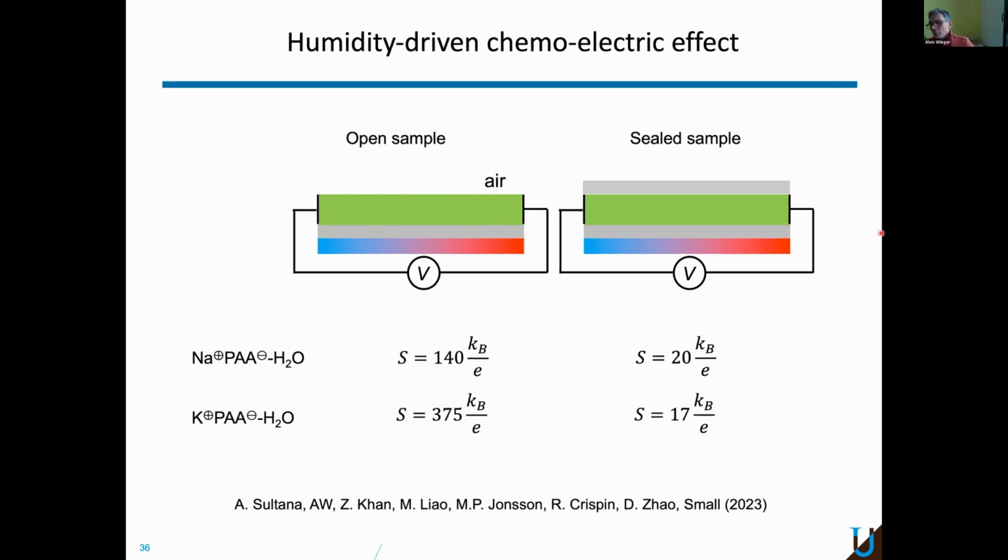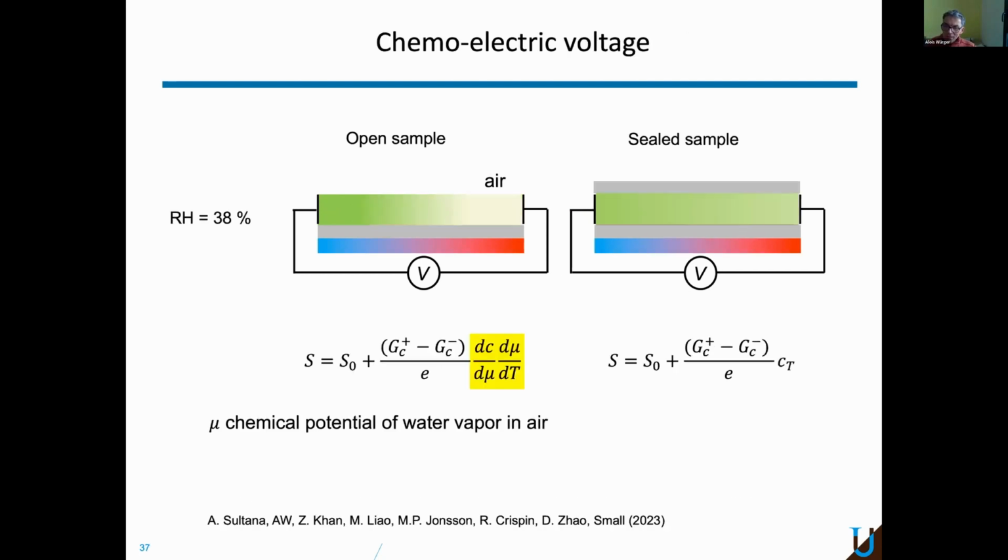To make this even clearer, we discussed this for quite some time, and what they did then is the explanation here. So you see, this is done at a relative humidity of 38%, and for the open sample you see the idea that you have little water, so the water is dissolving here, and that means a much drier system here than there.